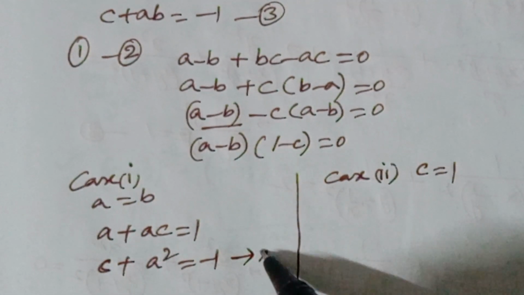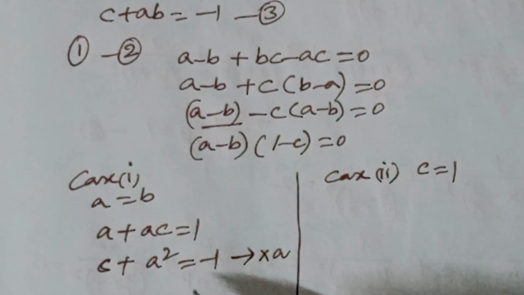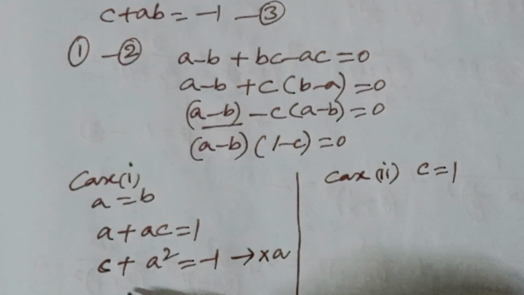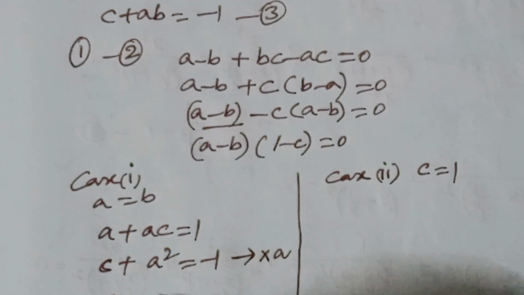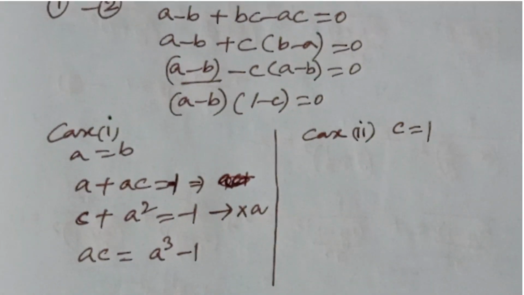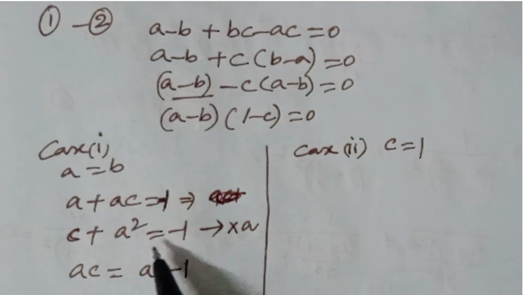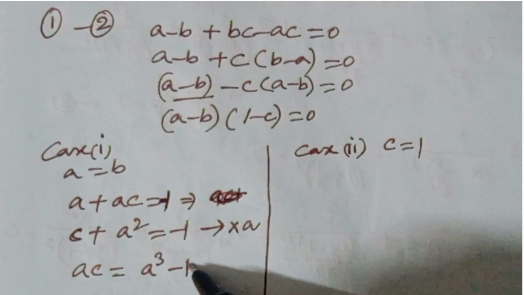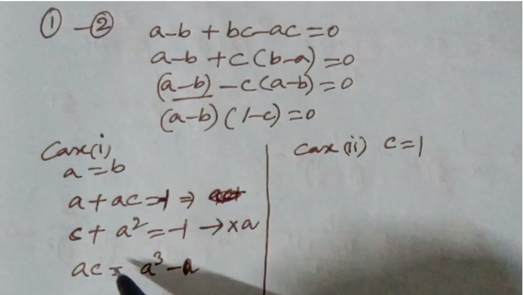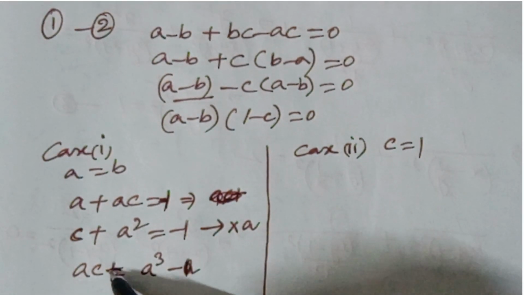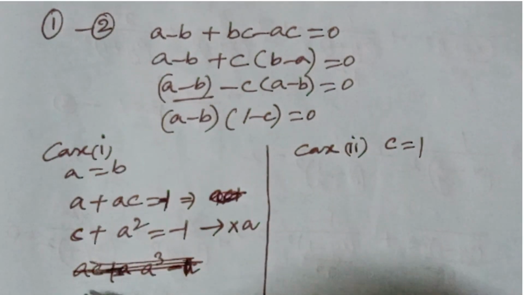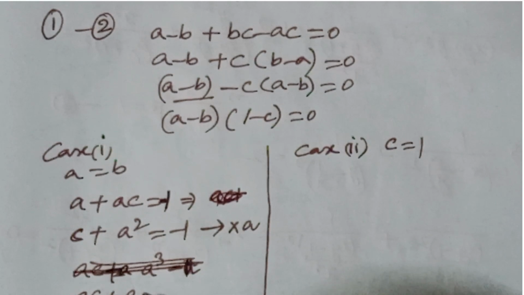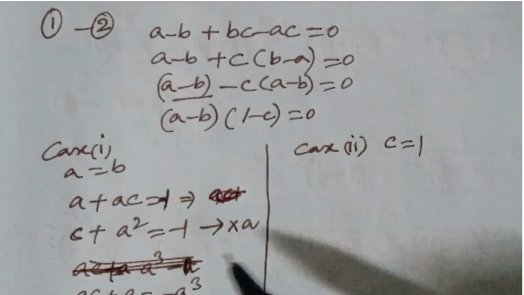Now multiply this with a. What will we get here? ac plus a cube is equal to -a. Here multiplying with a. So ac plus a is equal to -1.